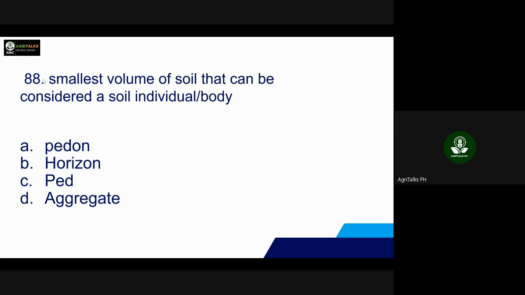Smallest volume of soil that can be considered a soil individual or body: pedon, horizon, beds, aggregate. So the smallest volume considered as a soil individual is the pedon. So ang pedon, siya po yung pwedeng gamitin to characterize a soil. So that's pedon.